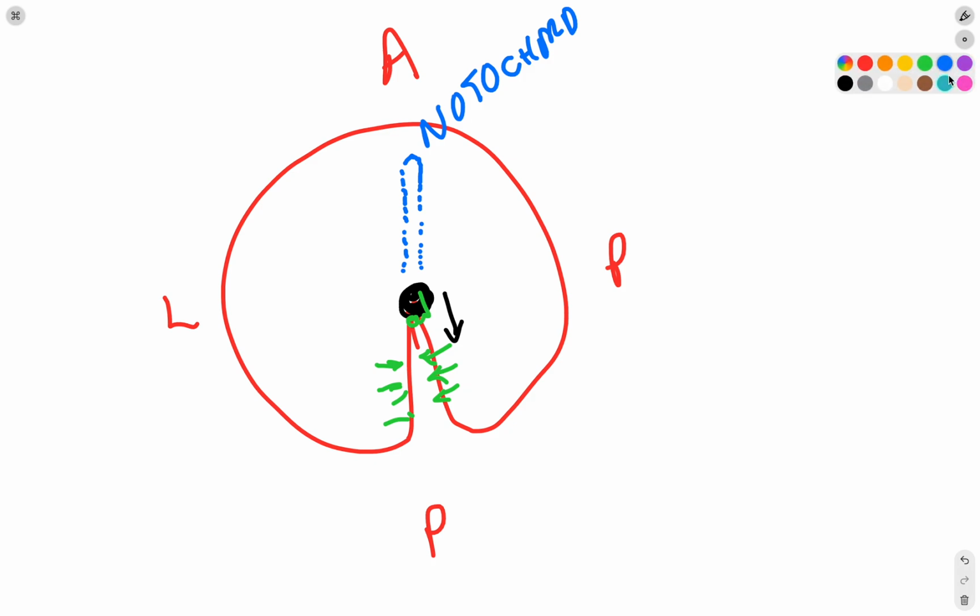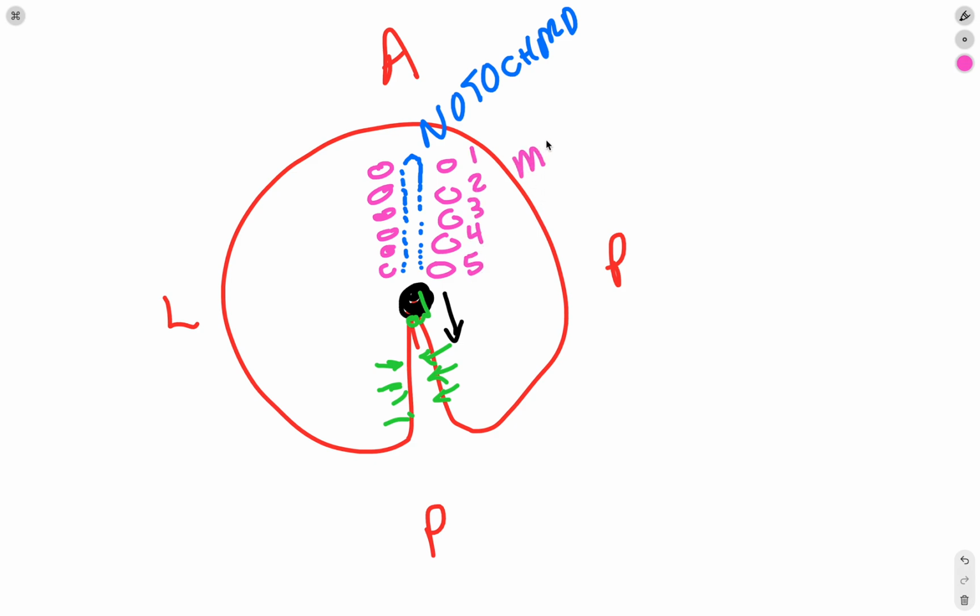And then next to those, we have those somites, and they're initially a hot dog finger. They get divided up into the somites, and they're numbered. They're just named by numbering 1, 2, 3, 4, 5, and so forth. There's 40 of them, something like that. It varies in different vertebrates.